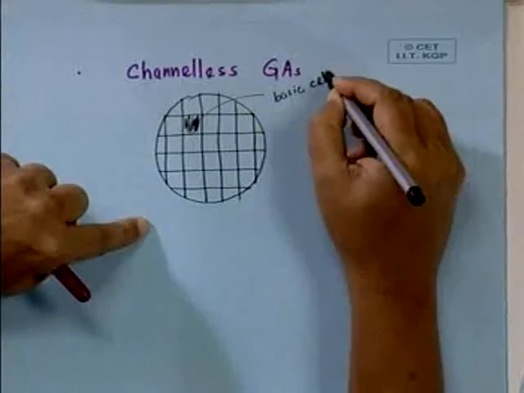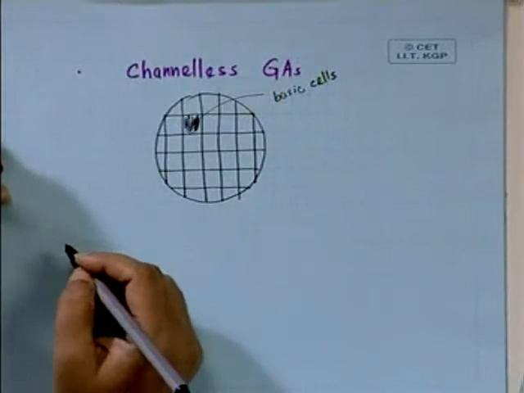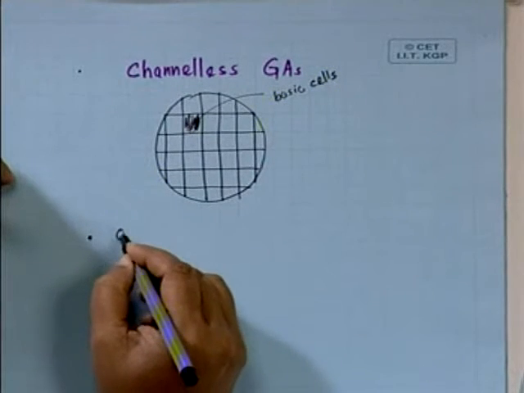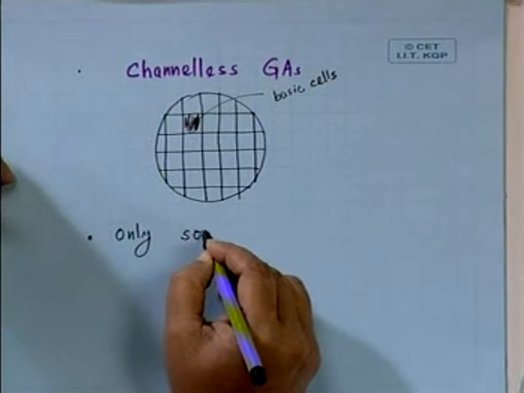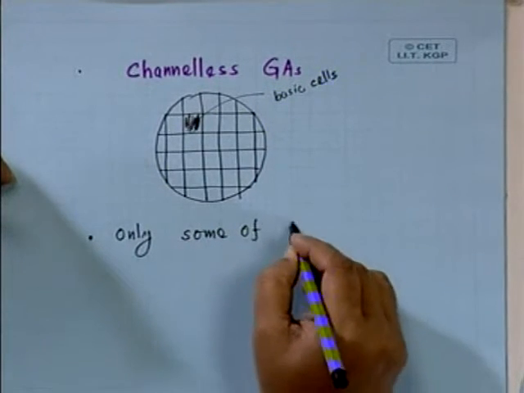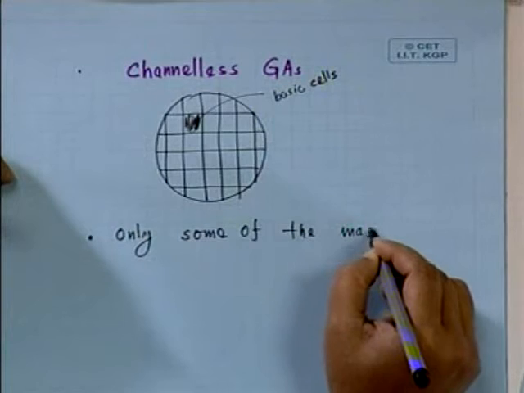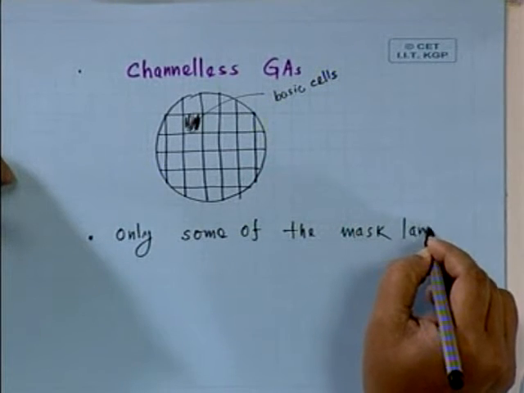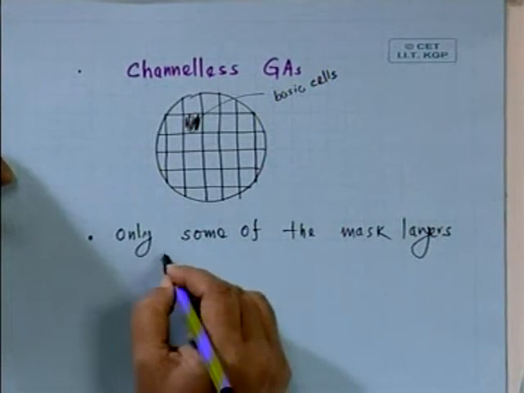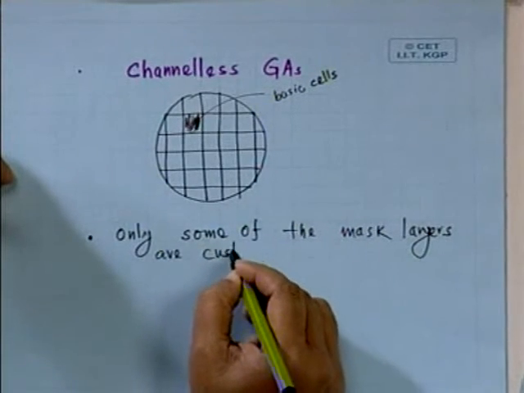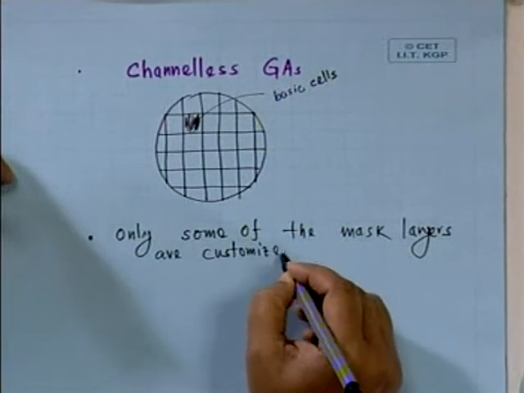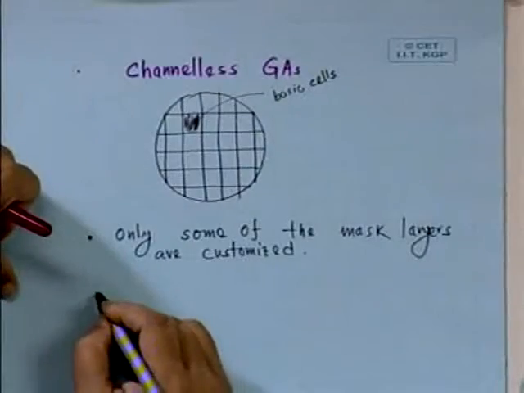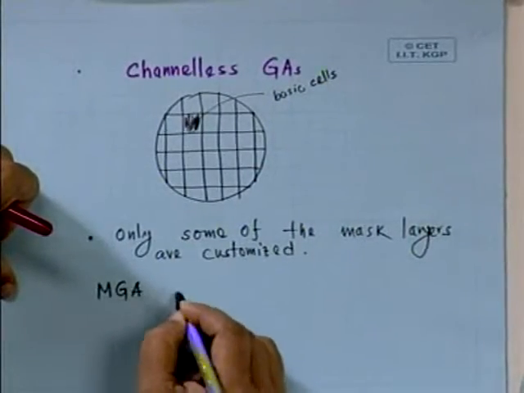So these are basic cells. So only some of the mask layers are customized. That is why sometimes they are called masked GA, masked gate array, MGA.